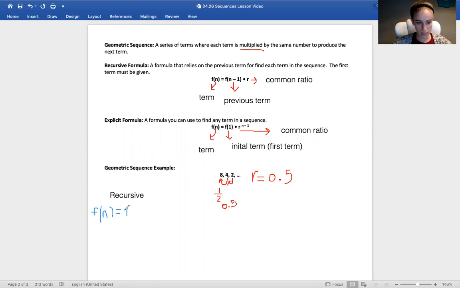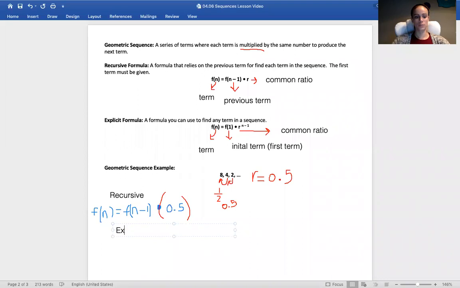So it stays f of n minus 1. But this time it is being multiplied by, and make sure you make that dot big enough that you know it's multiplication and not a decimal, our common ratio, which is 0.5. If you're afraid that you may confuse your multiplication signs and your decimals, you can always choose to use parentheses for multiplication instead.